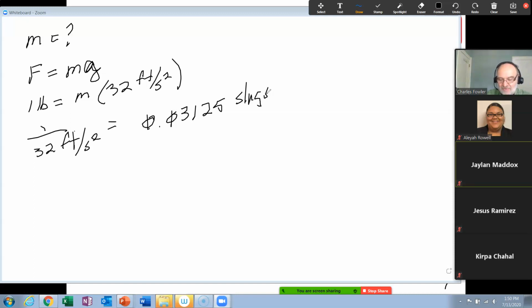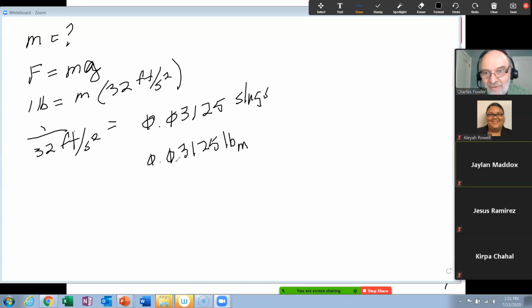You'll sometimes see that abbreviated as 0.03125, and then they would call it a pound with a subscripted M. This is a pound weight. This one here is a pound mass. But again, that's not really all that common.